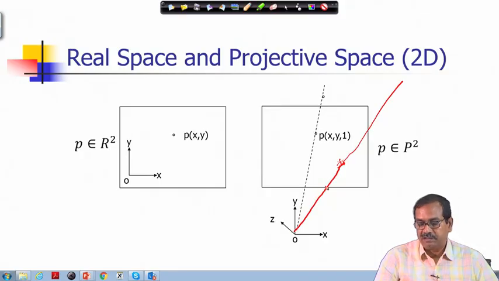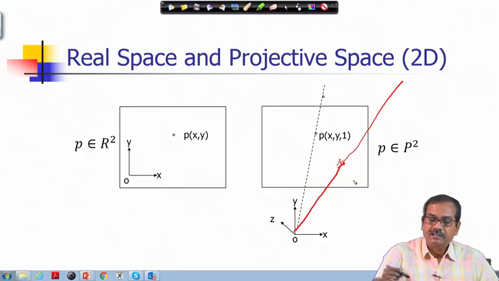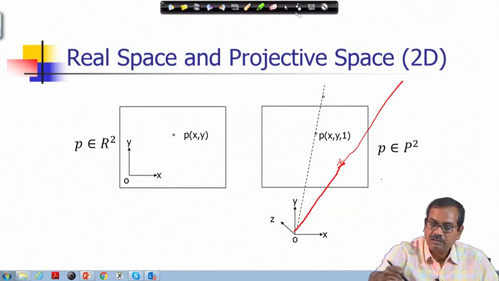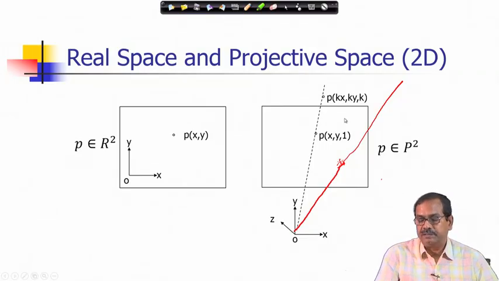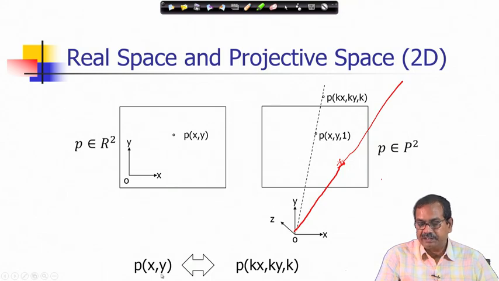Any other point on this ray is represented by a proportional factor k, where k is a parameter. So finally, a point (x, y) in a two-dimensional real space is equivalently represented in the two-dimensional projective space as the set of points (kx, ky, k), where k varies, which is actually representing this ray.